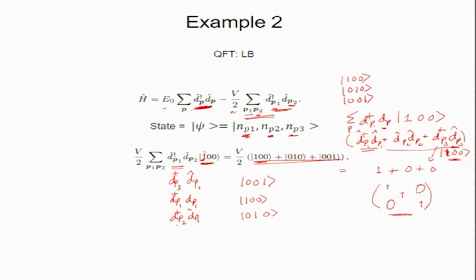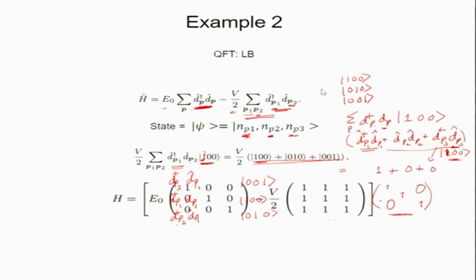And your operator is just to destroy and create, and here I did not have to worry about the square root of NP plus 1 and that, but you need to worry about that, and that is it. You can construct this operator, and this is what I wrote. This E naught is a prefactor.